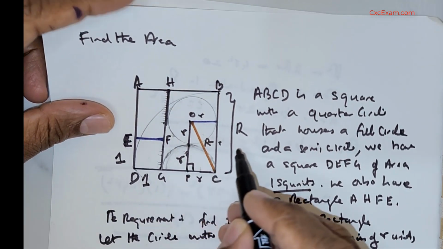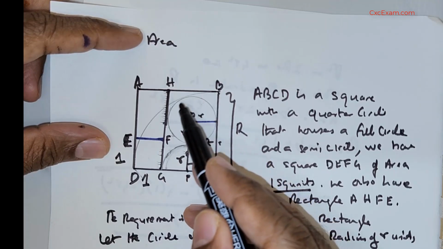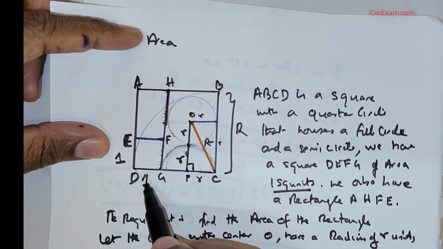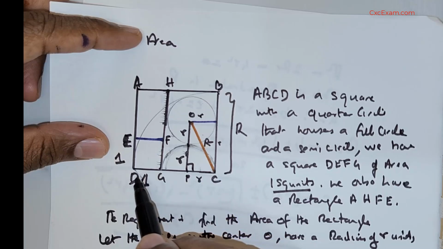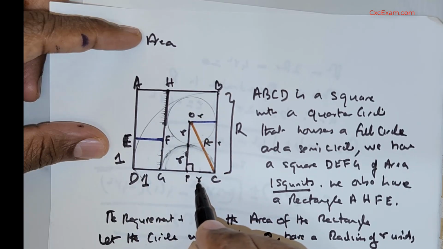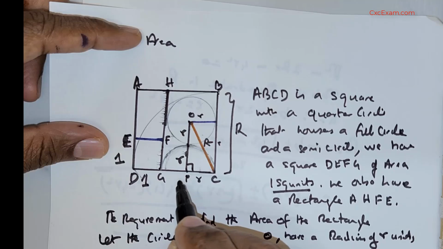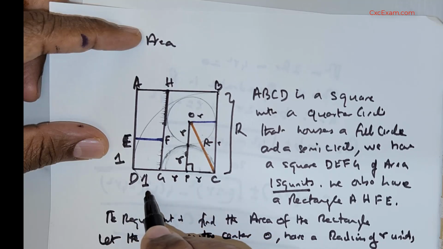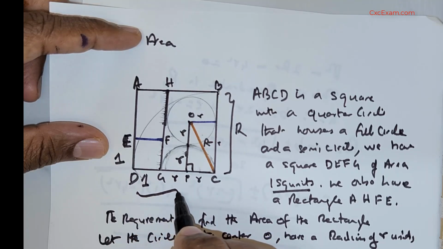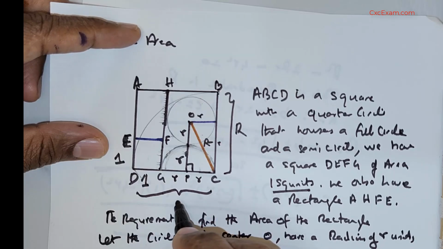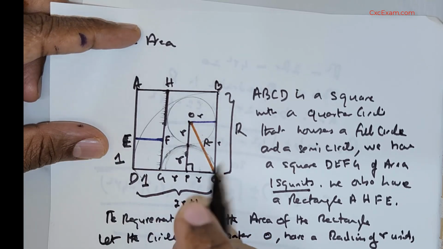Clearly you see here, this entire region is the radius of the quarter circle. Now clearly this is r, so this is also going to be r. So this entire region is going to be 2 times r plus 1.